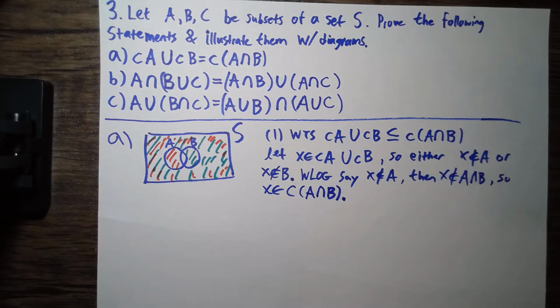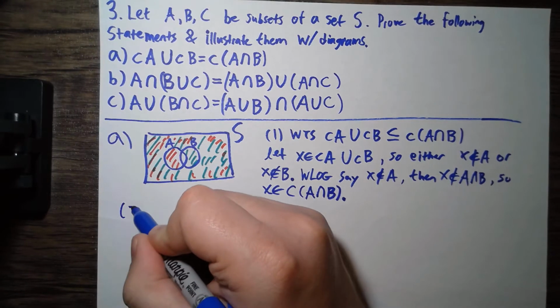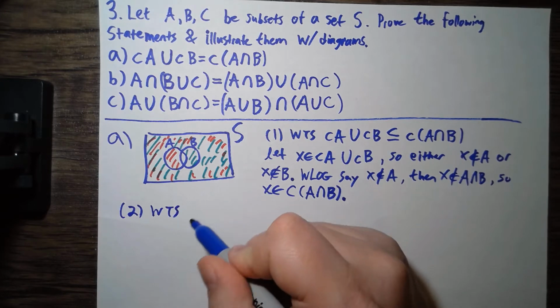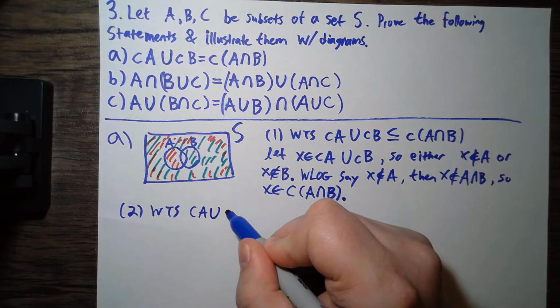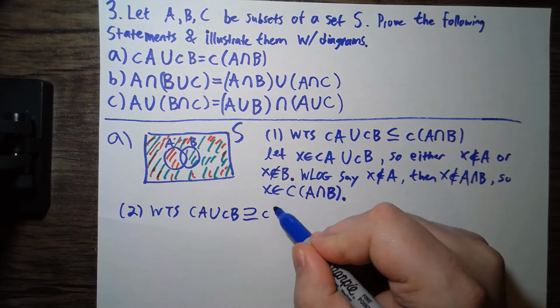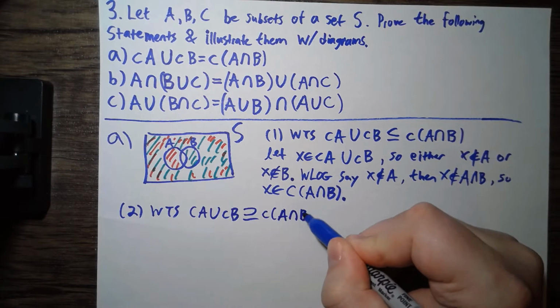But to prove equality, we need the other subset. So now we want to show that the complement of A intersect B is contained in the complement of A union the complement of B.